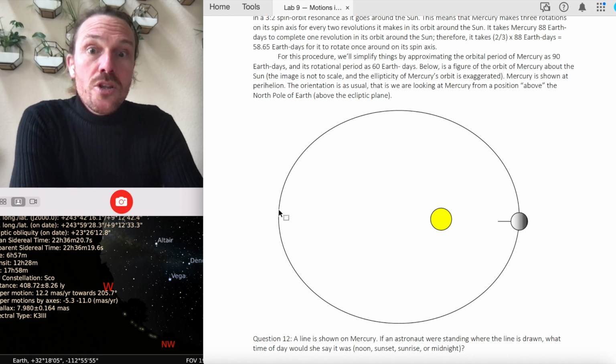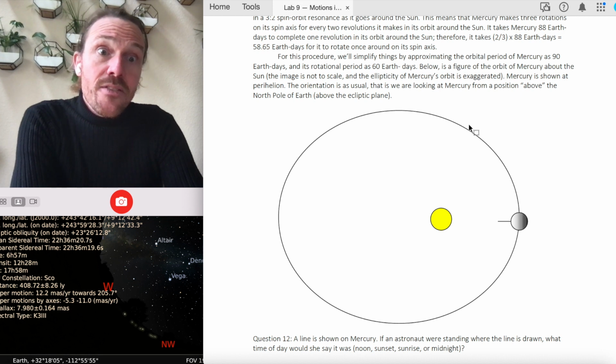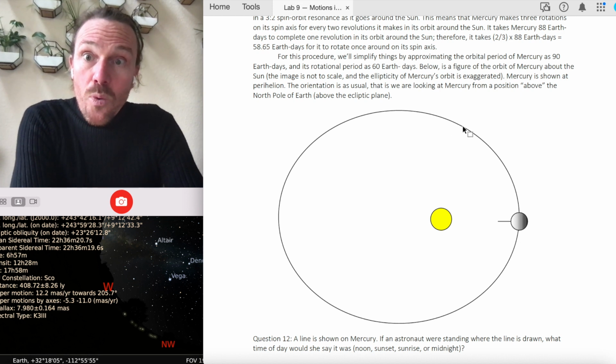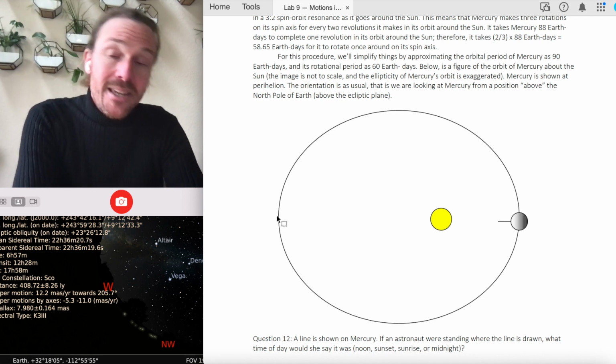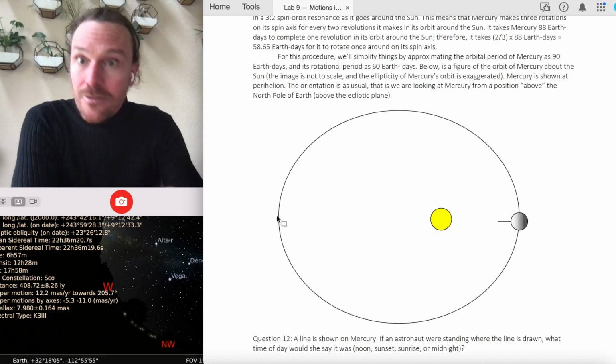Going backwards, you'd have the 30-day mark right about here, and then the 15-day mark here. So it would take 15 days to get 1/3 of the way to aphelion, 30 days to get 2/3 of the way to aphelion, and then 45 days to get all the way to aphelion from perihelion, which is half of a year, half of a full orbit.